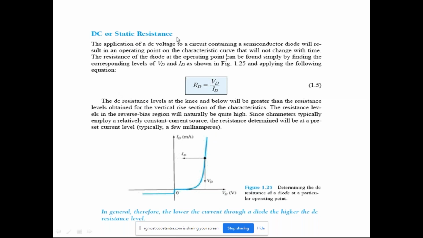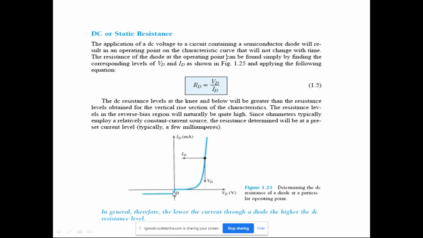DC or static resistance. Generally, these resistance values are calculated when the diode is operated in forward bias only. Remember this one. Whenever the diode operates in forward bias, only then do we find the resistance through the curve.